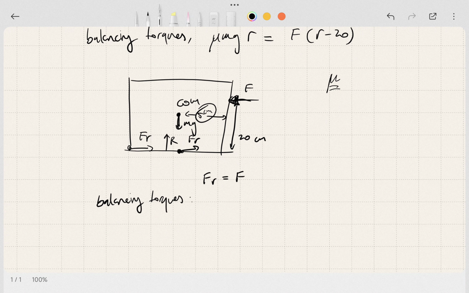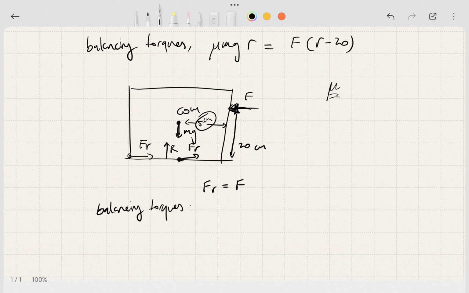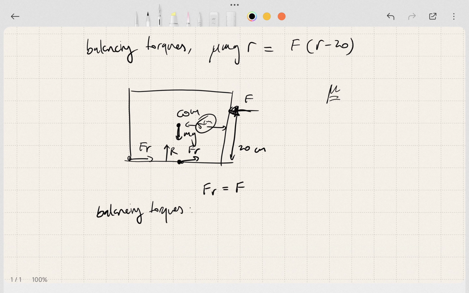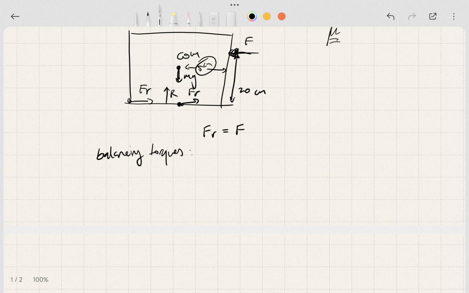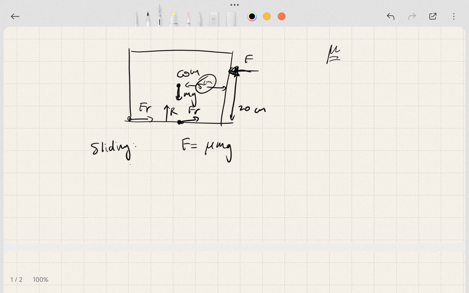So I think what this is essentially trying to say is, when it's sliding, we would know that the force supplied F is equal to mu mg, which is the resistive force, and when it's toppling, we would need to balance out the torques.